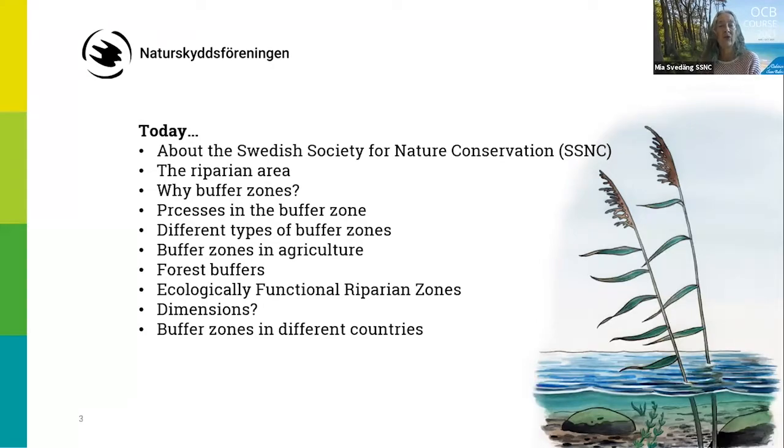And also I will mention ecologically functional riparian zones. And I will talk a bit about which dimensions we need for the buffer zones. And I will end this talk by talking a bit about buffer zones in different countries. So this is what I'm trying to cover today.